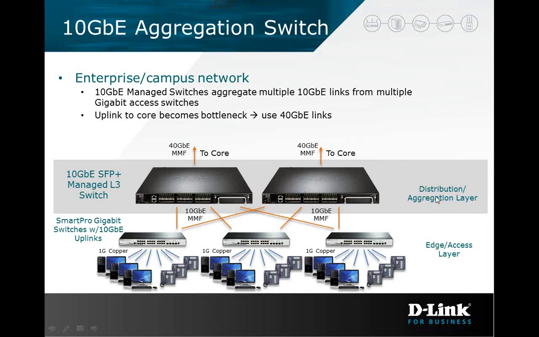These are fully managed switches we call DXS-3600s, and these have 24 10 gig links down to my access layer, to the edge of my network, and 40 gig uplinks into the core. Again, I can use multi-mode fiber or something along those lines to uplink into the core. This is where I'm overcoming the bottleneck of 10 gig into the core, using 40 gig instead.